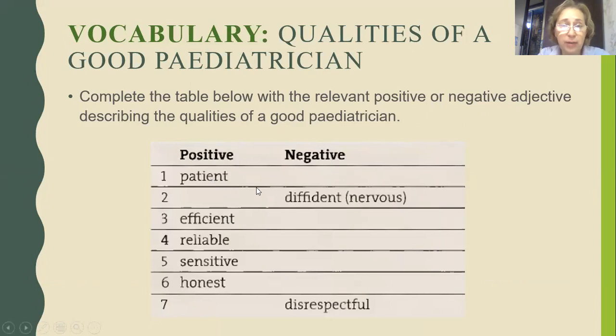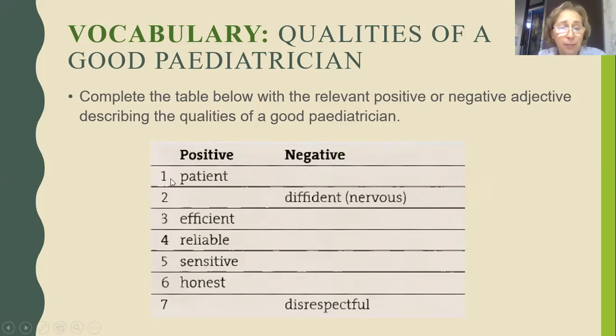Here on this slide, we can see a table. It shows some positive and negative qualities of people. The task here is to complete the table with the relevant positive and negative adjectives describing the qualities of a good pediatrician.